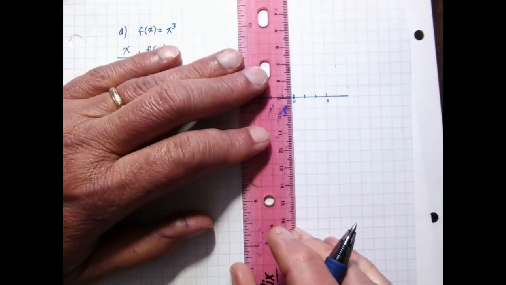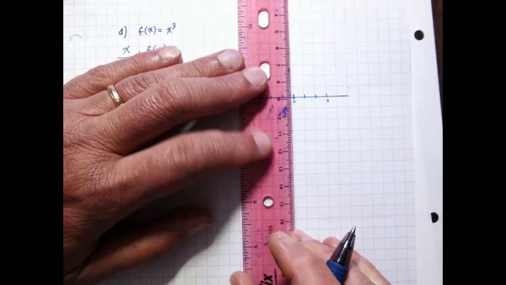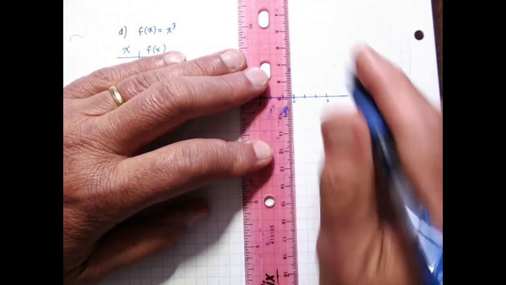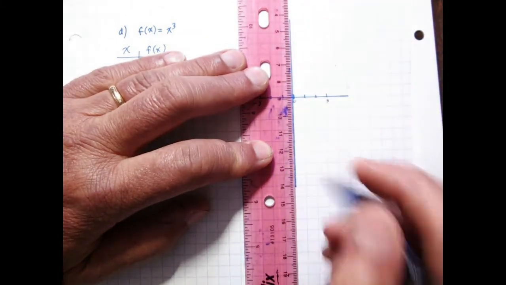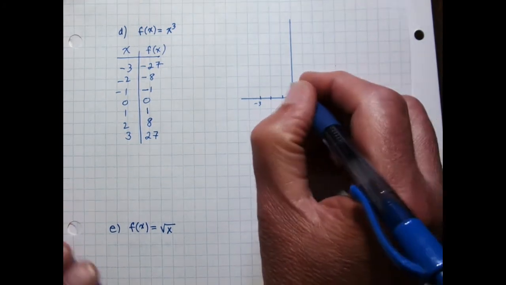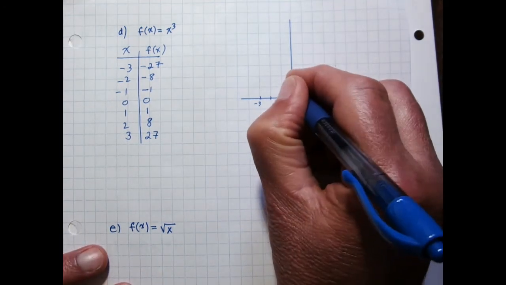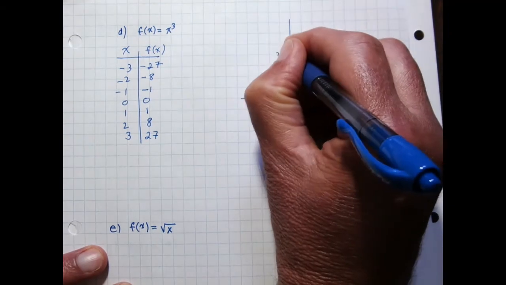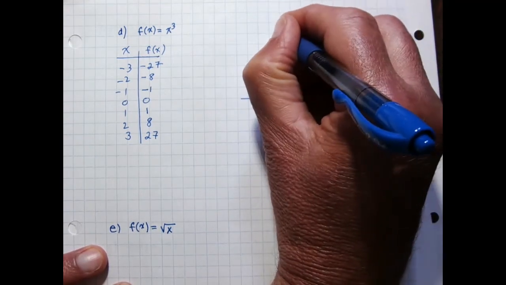But on the y-axis, let's see here. I want to try to fit these values at 27. If you're really stuck, you can use a whole sheet of graph paper, go 27 squares up, 27 squares down. But I think what I'm going to do is I'm just going to do this. 5, 10, 15, 20, 25, 30.